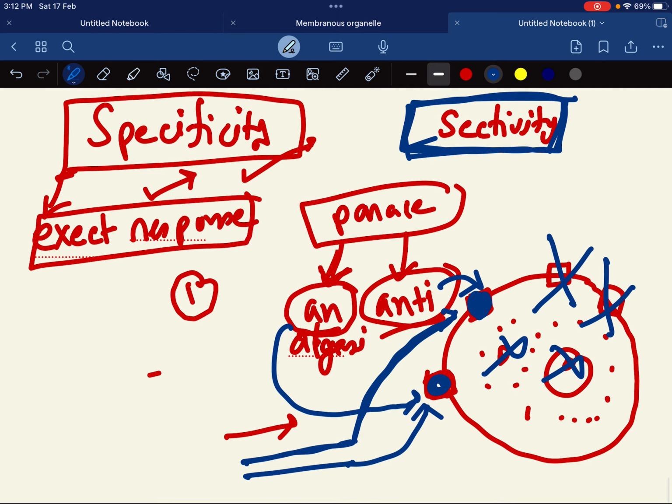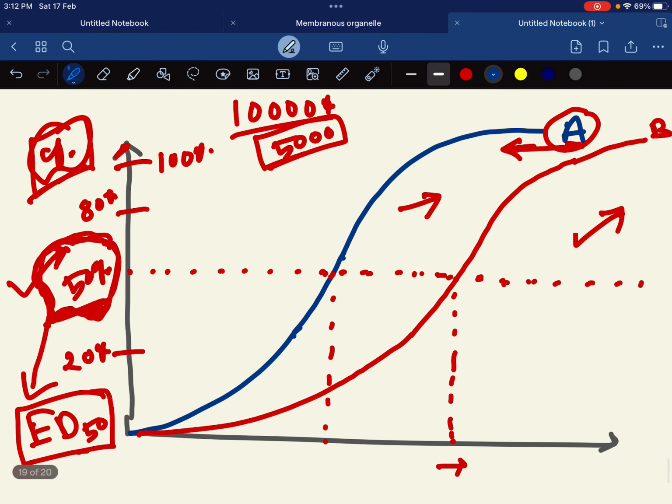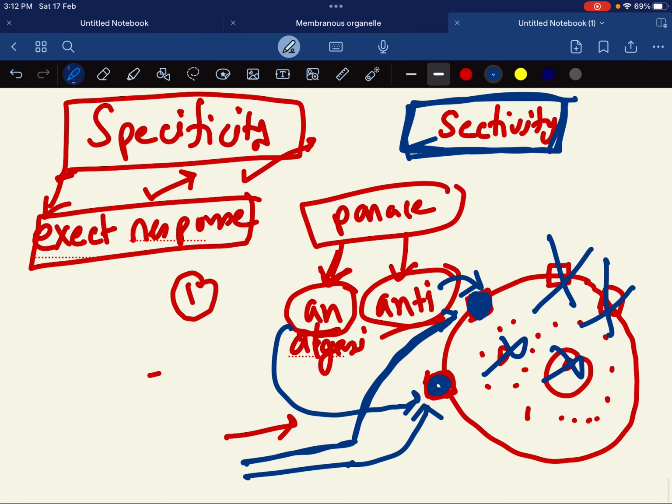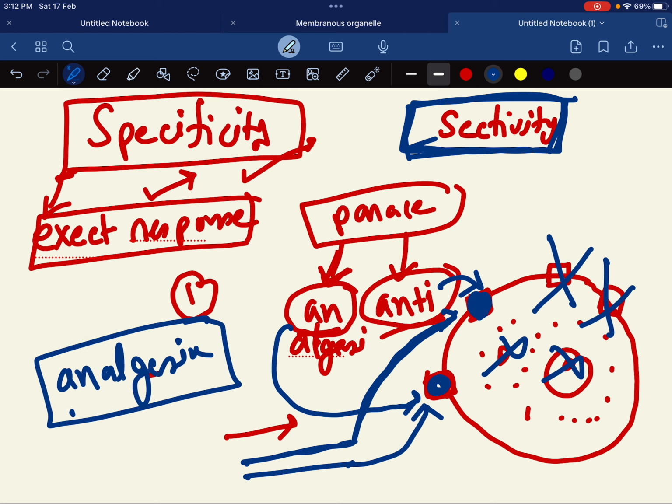Now what is the utility of making the dose response curve in selectivity? That is very simple. You will say that for specific analgesia, you will always use aspirin instead of paracetamol.